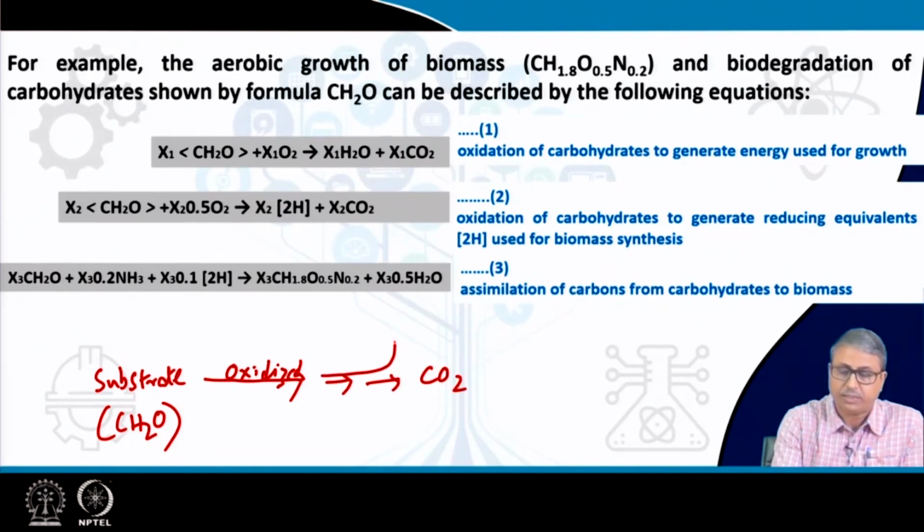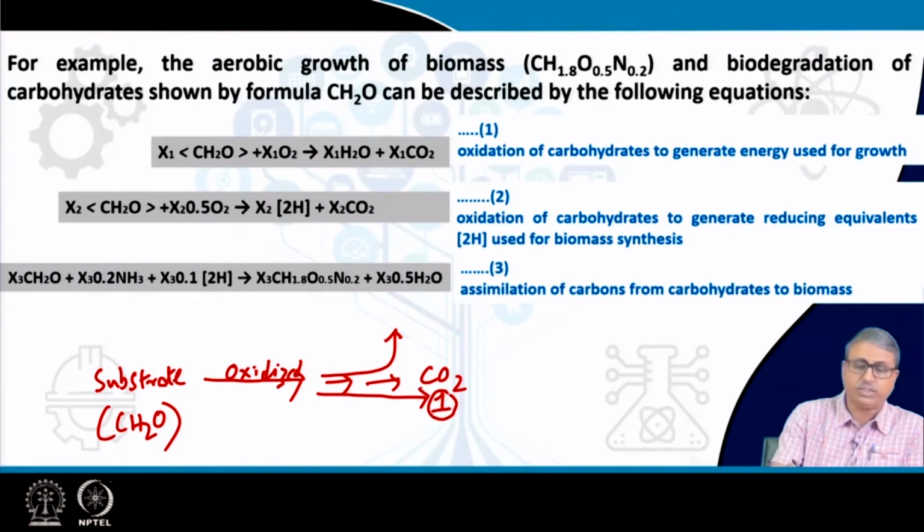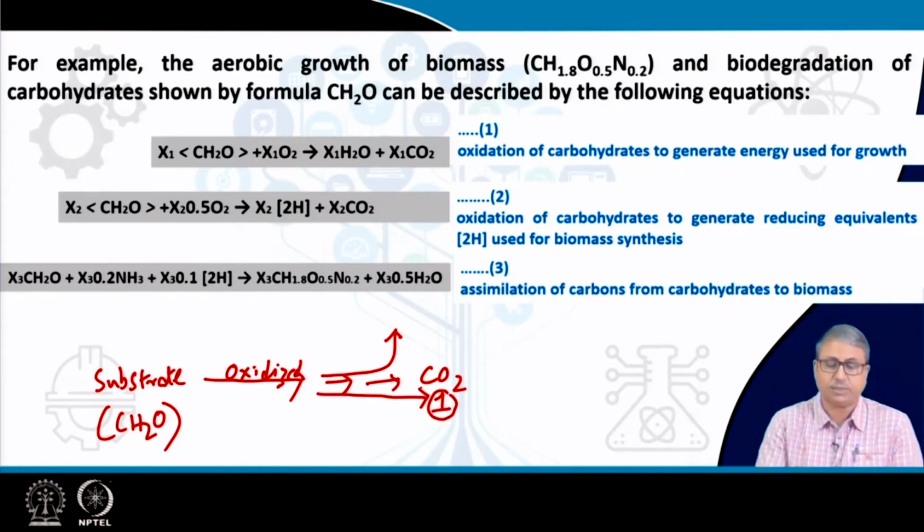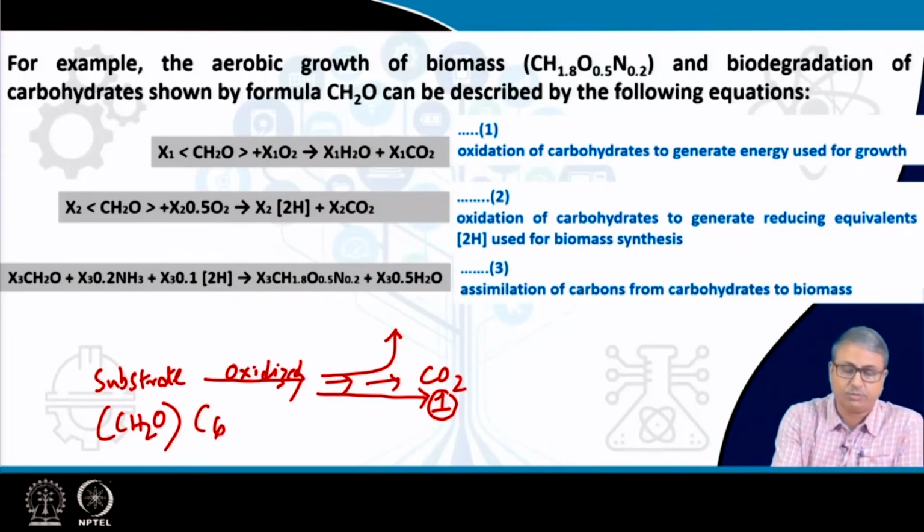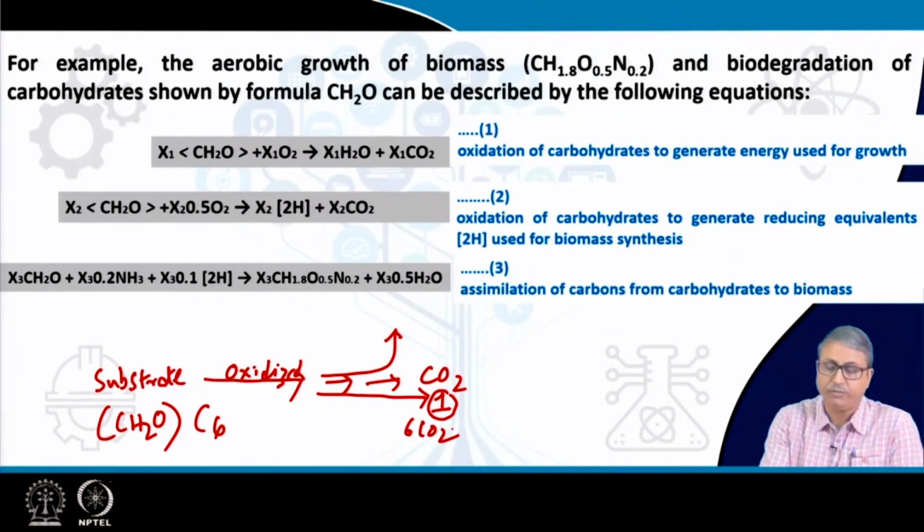However, there could be one route where it is completely oxidized. So, this we will write as route 1, complete oxidation of the substrate. Like if we are considering glucose, C6H12O6 is completely oxidized. So, 6 carbons of the glucose are converted to 6 CO2 molecules.